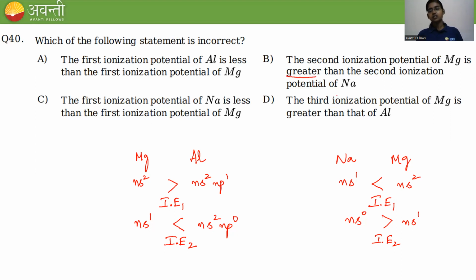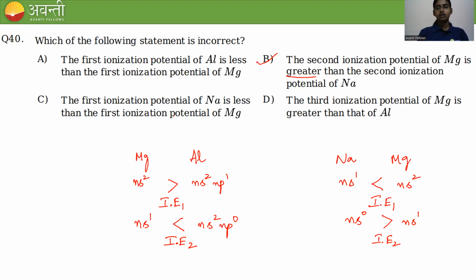So that is the incorrect statement, which is the correct answer for this question. Okay. And for sodium and magnesium, you can see option C will be correct. And the third ionization potential of magnesium is also greater than that of aluminium. Okay. So option B is the incorrect statement.